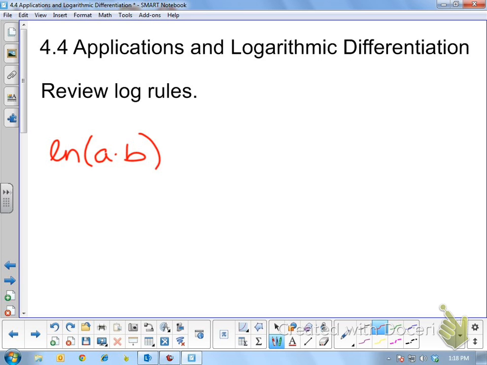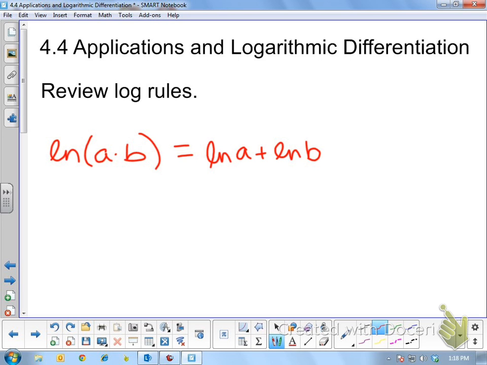So natural log of a times b. How can I rewrite that using my logarithmic rules? The multiply changed to something. Couldn't you do ln of a plus ln of b? Ln of a plus ln of b.